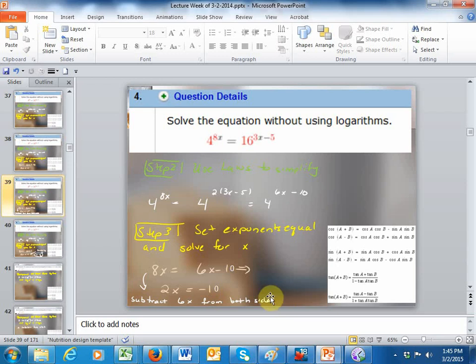And then you get x equals 5. So I'm sure on the next page you're going to get x equals negative 5.